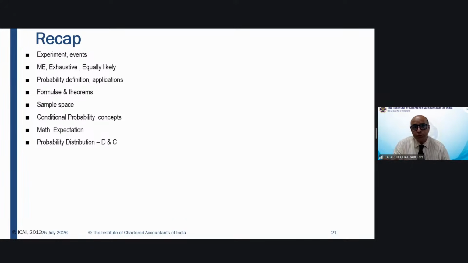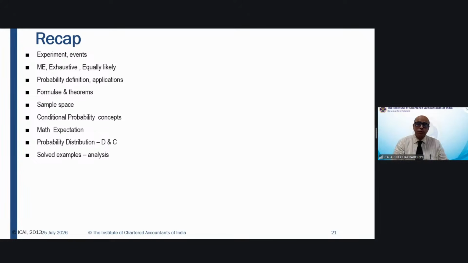Lastly, probability distribution. We were discussing about the random variable. These are of 2 types. Please be clear about the concept of discrete random variable and continuous random variable. And also, as we said, when you talk about the probability distribution regarding discrete random variable, we have 2 internationally acclaimed examples, and that is the binomial distribution and the Poisson distribution.